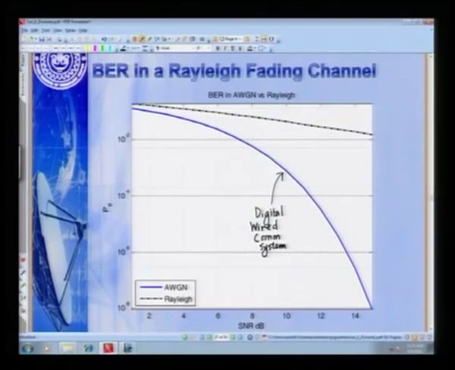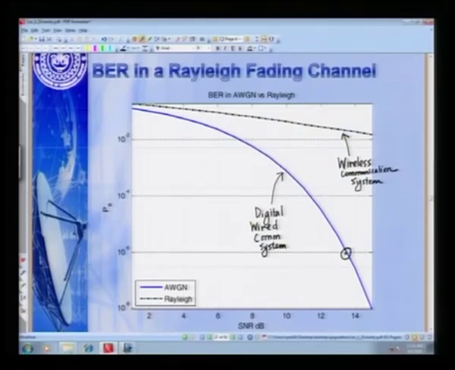This is the Q function of square root of SNR, and this curve here is for a Rayleigh fading channel or a wireless communication system. For instance, you can see here we marked this point at which it is 10 power minus 6. At 13.6 dB, we said the bit error rate of a wired communication system is 10 power minus 6.